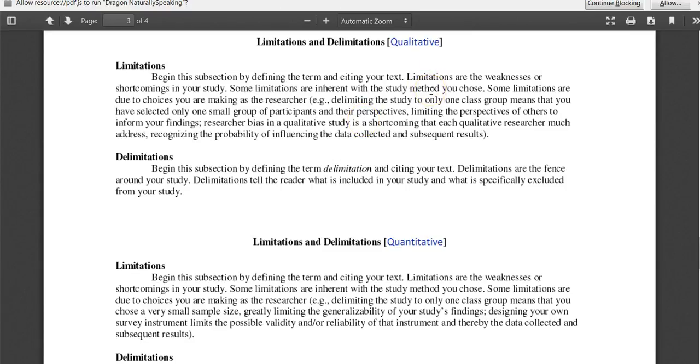Limitations are the weaknesses, the shortcomings of your study. Some limitations are inherent in the study method, and I would suggest that anytime you're using a qualitative study, there is going to be a limitation in that it is a self-report.